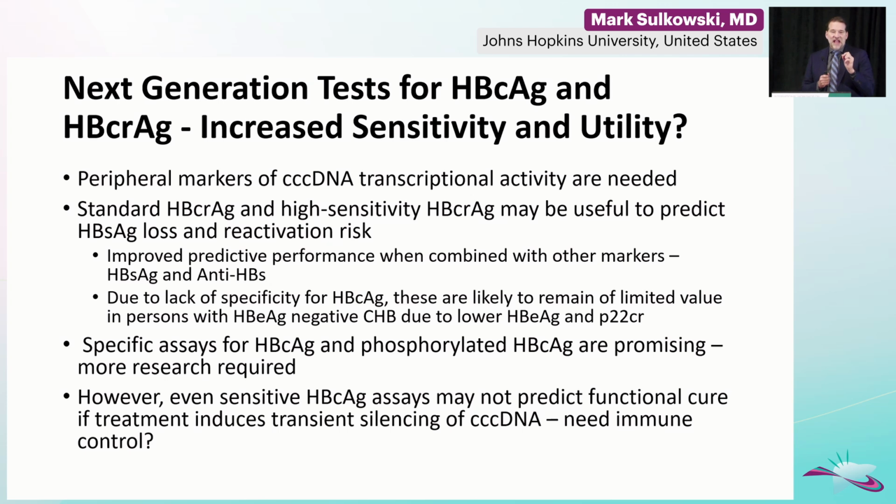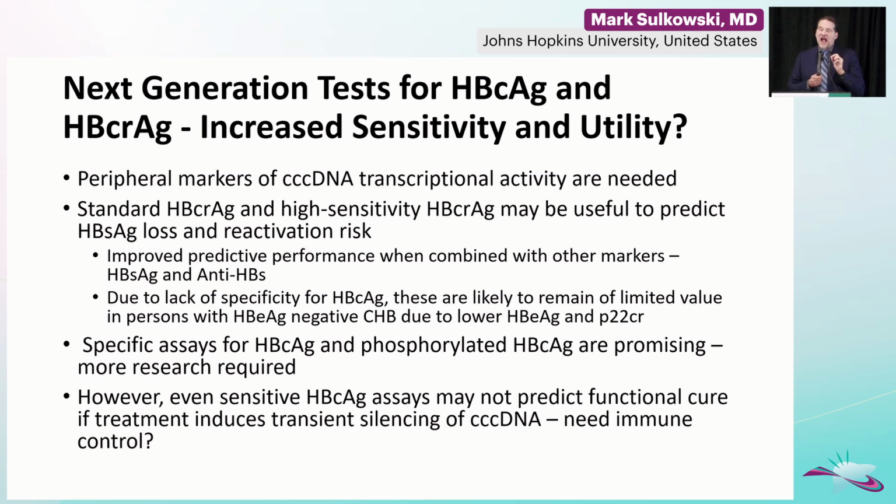But it also suggests that perhaps we can't get there by peripheral measurements of cccDNA transcriptional activity, or more importantly, the potential, because those silent hepatocytes, the ones with cccDNA that's not being transcribed, you won't measure core antigen in the blood or any marker if that's truly the case, and they could still flare after stopping or fail to achieve a functional cure.